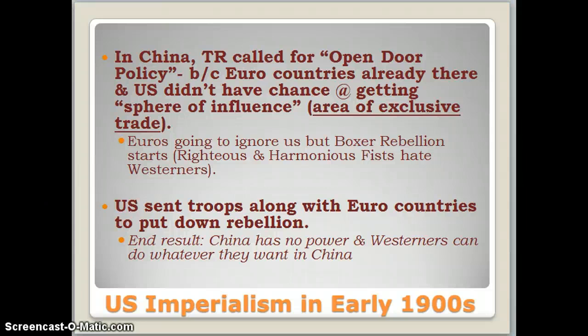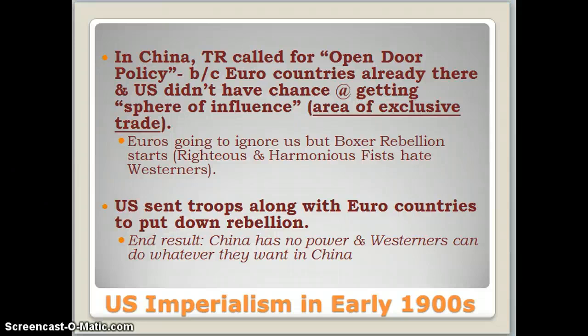Some interesting stories came out of the Boxer Rebellion. There were people who thought that because they were using these martial arts, bullets would not hurt them. The end result, well, it turns out the bullets could hurt them. The European powers prevailed. They won, and we actually forced the Chinese government to accept anything that we wanted.